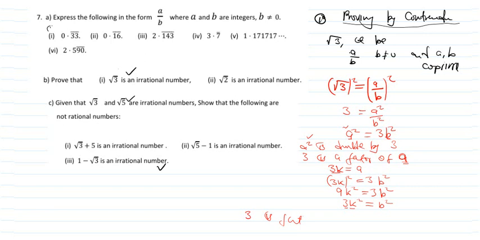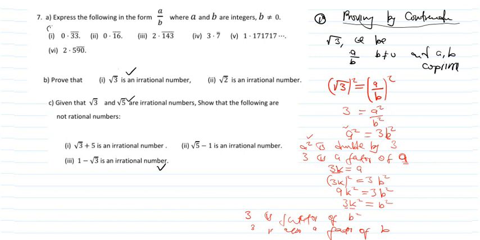So 3 is a factor of b squared. Then again, the same 3 is also a factor of b.